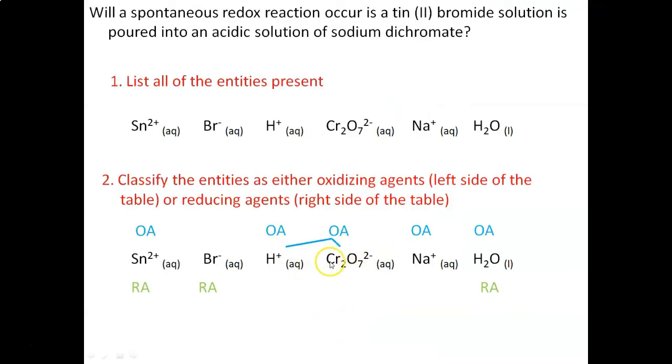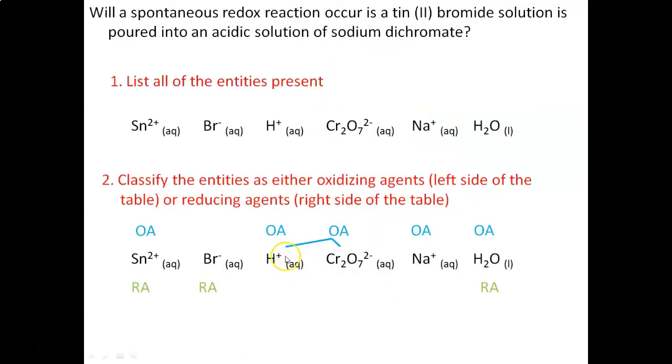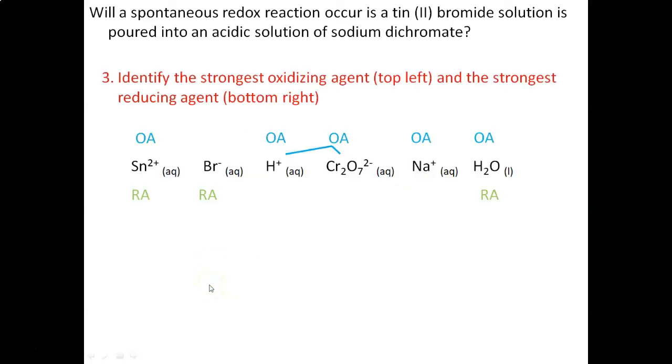So because when my dichromate is an oxidizing agent, it requires an acidic proton, what I'll do is I'll show this joining to show that these two work together as an oxidizing agent. So my tin(II) ion can be both an oxidizing agent and reducing agent. My water is both an oxidizing agent and reducing agent. There are my other oxidizing agents. I have one other reducing agent.